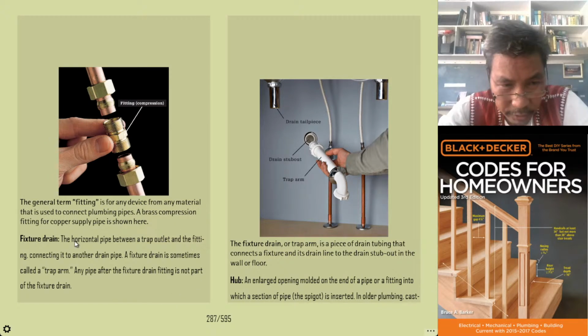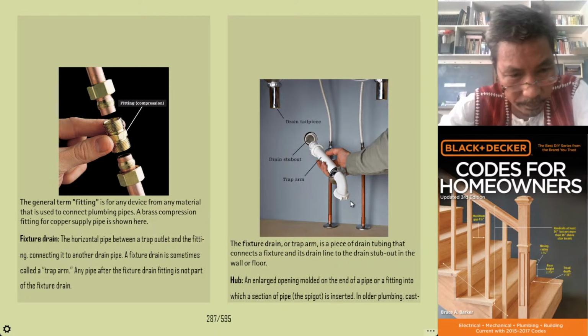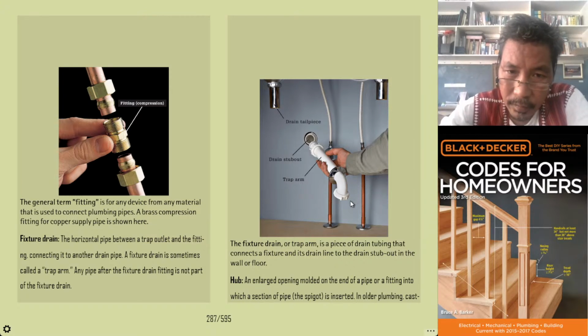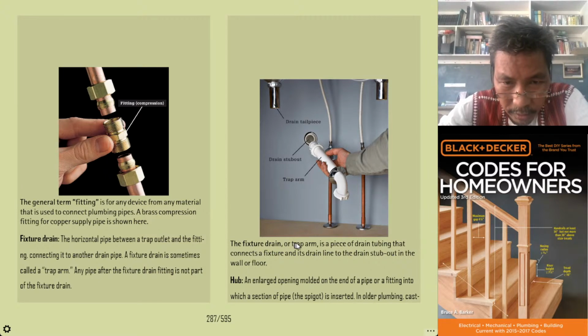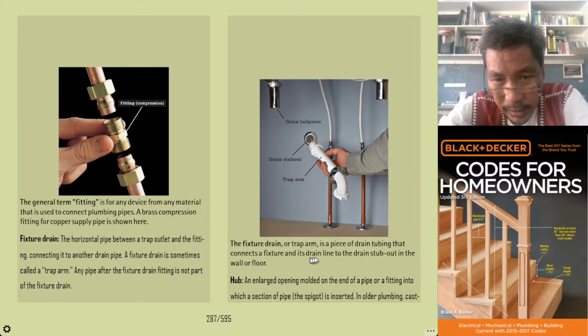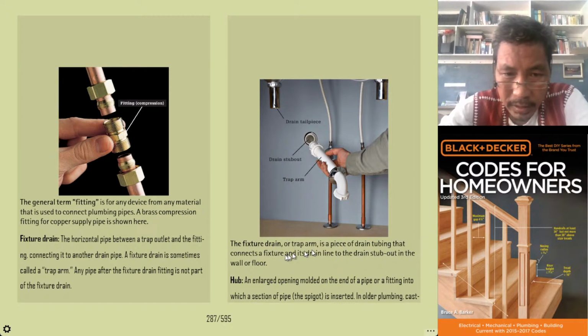Fixture drain. What do you mean by fixture drain? The horizontal pipe between a trap outlet and the fitting. So in this example we have the fixture drain. The fixture drain or trap arm is a piece of drain tubing that connects a fixture and its drain line to the drain stub out in the wall or floor.